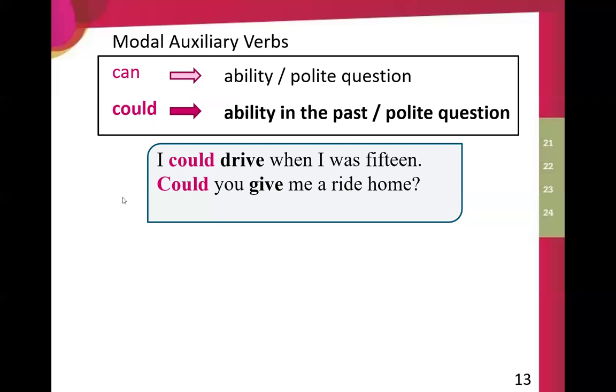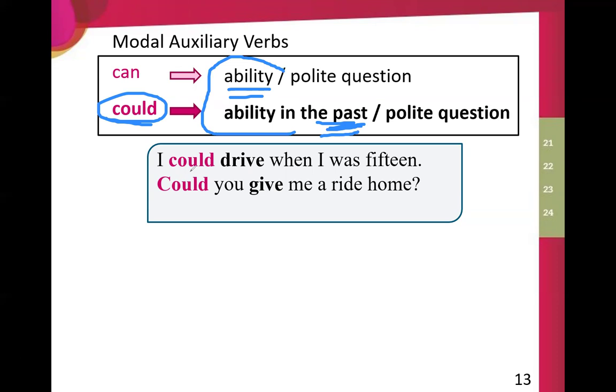So can gives the meaning of ability in now, at present. But could gives the ability in the past. This is the main difference between can and could in giving the meaning of ability. So I could drive means I was able to drive, not I am able to drive.